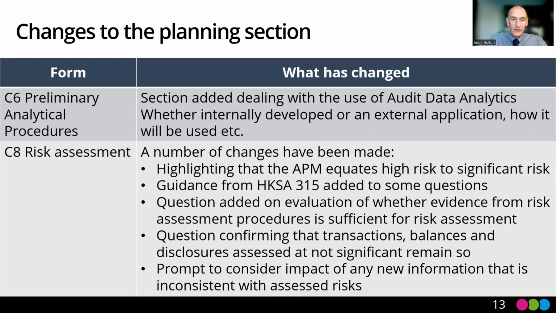We've then got guidance from HKSA 315 added to some of the questions, and then questions added on the evaluation of whether evidence from risk assessment procedures is sufficient for a risk assessment. So actually, have we got enough information on the client to properly assess risk? And then questions confirming that transactions and balances and disclosures assessed as not significant remain so.